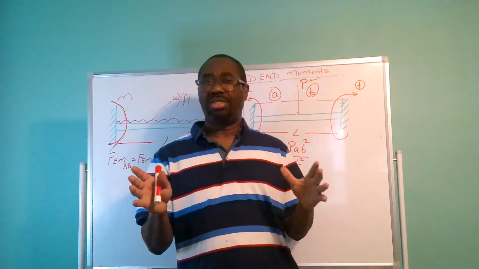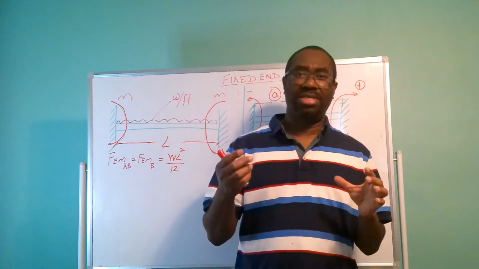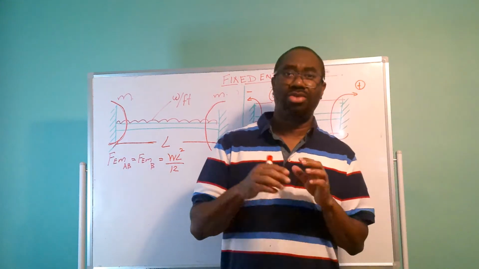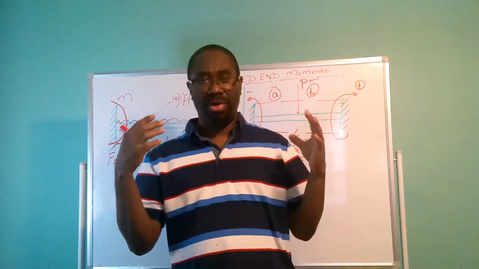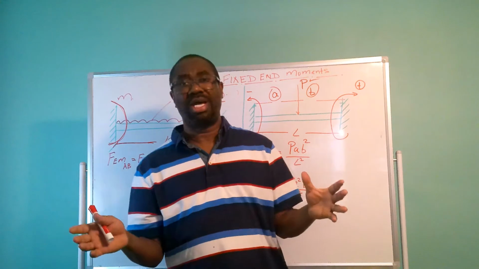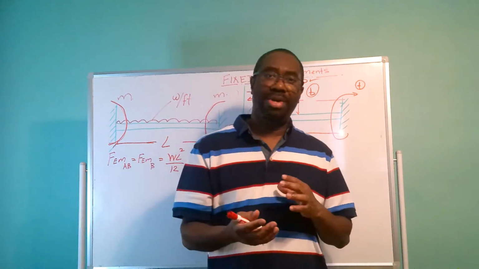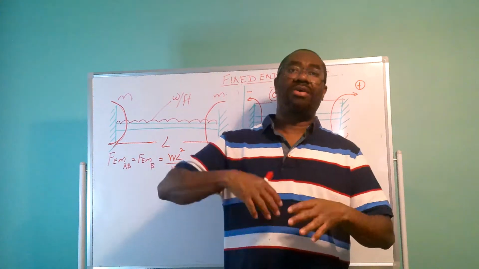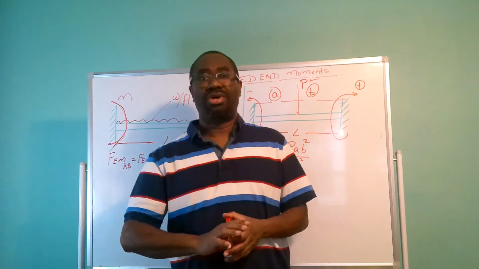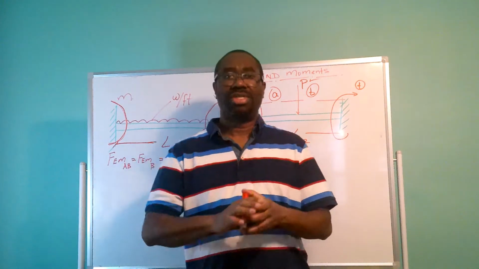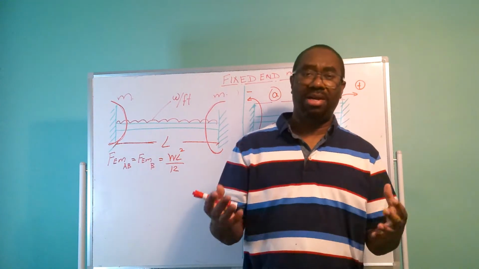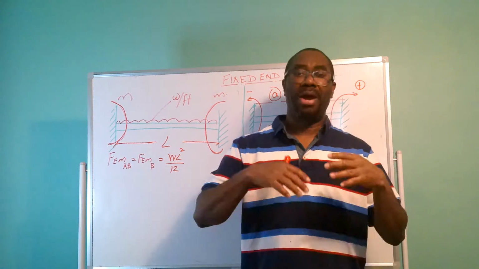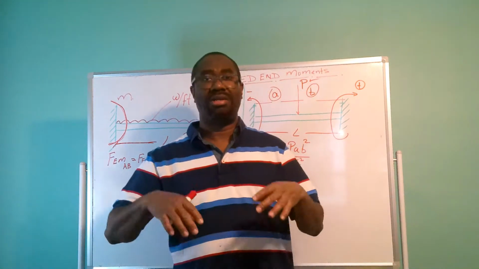Now, you will mostly find a fixed end beam in what is known as a frame structure. There are two types of structures: load-bearing structures and frame structures. A frame structure is a structure or a building that is built primarily of columns and beams.